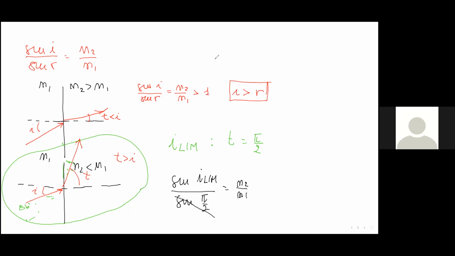The sine of pi over 2 here is 1. And then how much is this limit angle? It is the arcsine of the ratio of the two refractive indices. If you know the two media and you know their refractive indices, say you know n2 and n1, you calculate the ratio, you calculate this arcsine, and you get this limit angle.